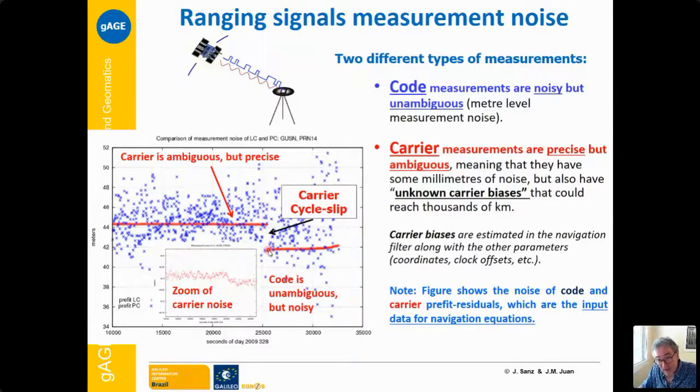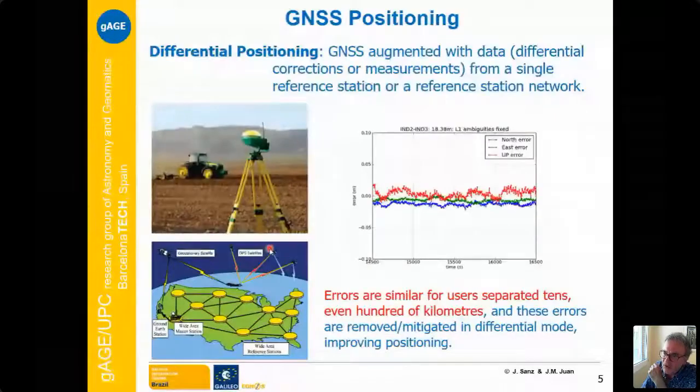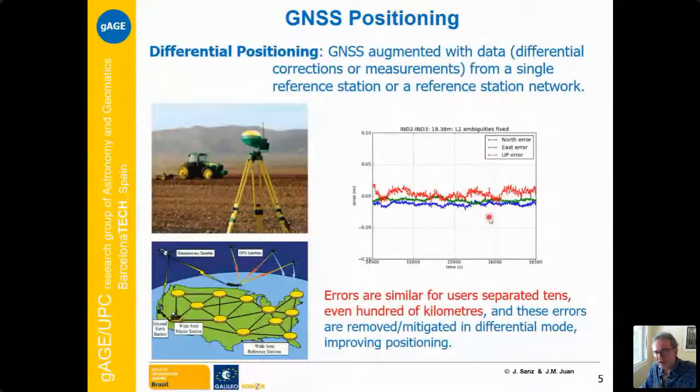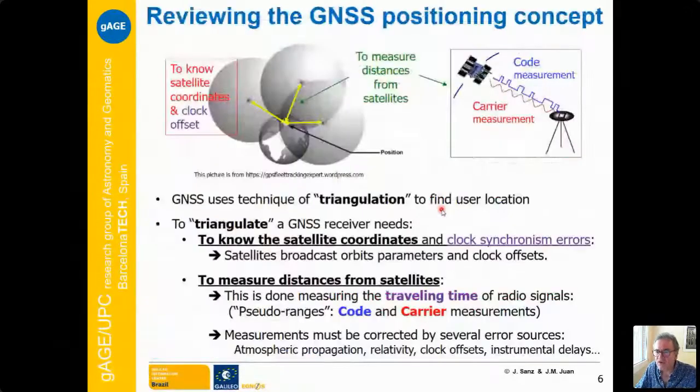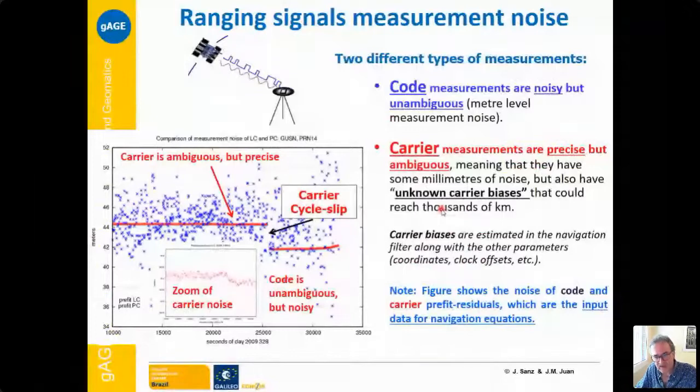Then if we want to use carrier phase measurements, we have to repair this jump. This is what we call to fix the ambiguities. Remember that before I was talking about fixing the ambiguities. I said, well, this is with carrier phase after fixing the ambiguities. We will explain along this presentation what it means to fix the ambiguities.